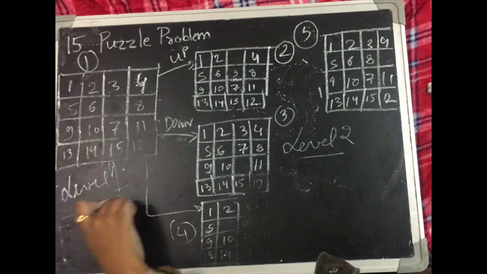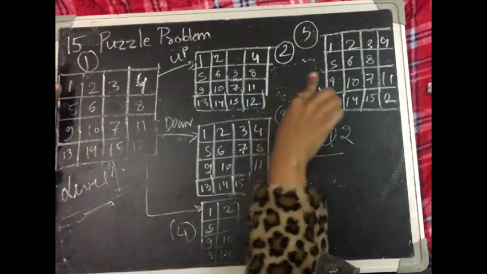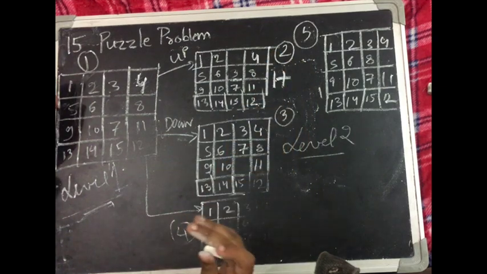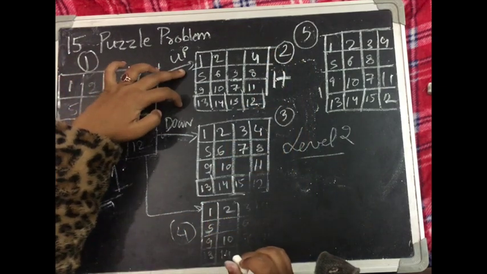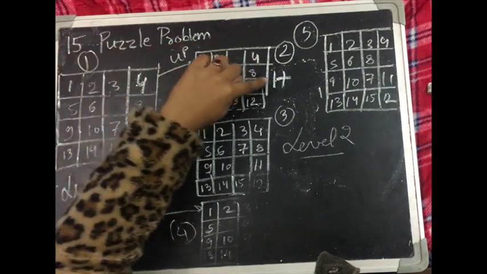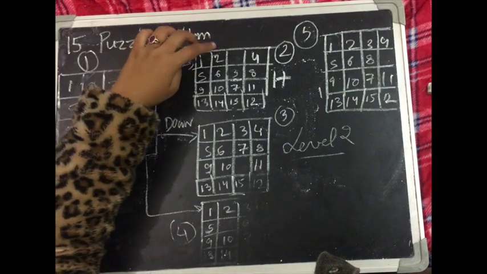To go from level 1 or the root node to level 2, the effort required is only 1. Plus how many differences are there between this and the goal? What was my goal? Goal is 1 2 3 4 5 6 7 8 9 10 11 12 13 14 15. So how many differences are there? 1 2 will be same.